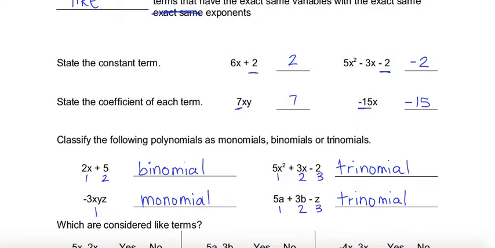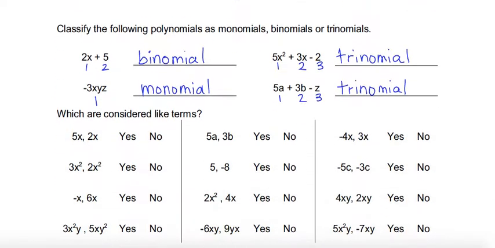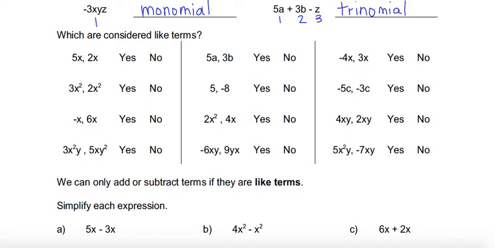So now we need to think about what are like terms. We looked at those graphically, where like terms had the same shape. Like terms algebraically have to have the same letter and the same exponent. If we're looking at this first set, 5x and 2x, those are both x's.